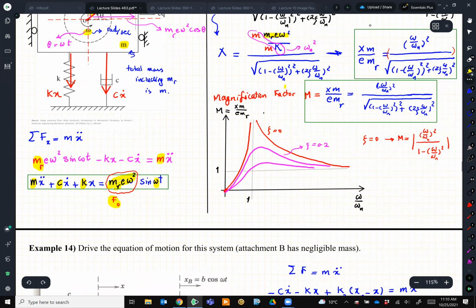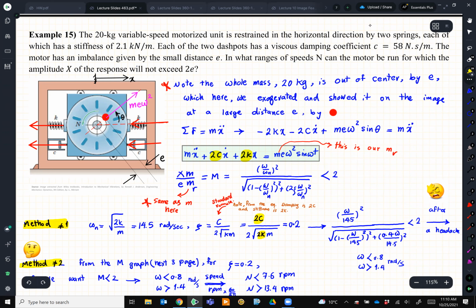So in practice, let's say we may deal with a motor which is unbalanced, like this example. As you can see, I applied the same concept. m e omega squared is my unbalanced mass force, and I write the equations.